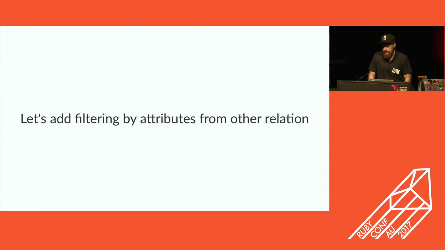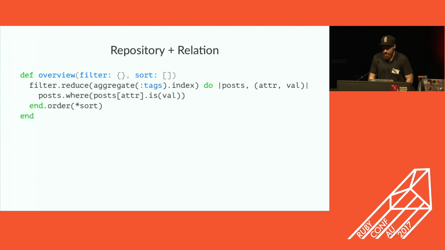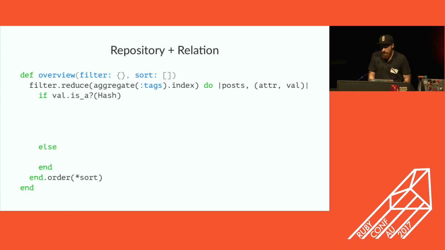But let's say we want to add some more detailed filtering, like by individual relations and their attributes. Like let's say we want to filter by tags, right? Not just attributes from our table, but also by some external attributes. So we need to extend our overview method. We're going to accept a filter hash that can be deeply nested with names of relations and their attributes.